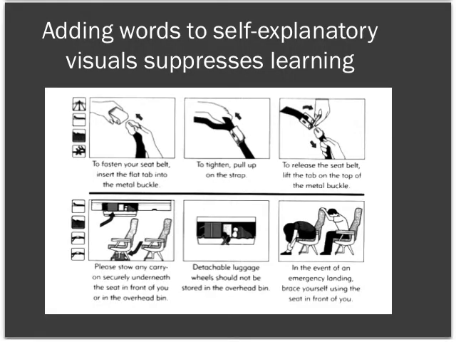Interestingly, if you have self-explanatory visuals, be they graphs or diagrams, and then you add words to them, it can actually suppress learning. One study looked at two groups of subjects who had never flown before. No idea where they found these candidates, but anyway, they showed them this diagram that you're probably very familiar with, showing them how to do up their seatbelt and what to do in an emergency and so on.